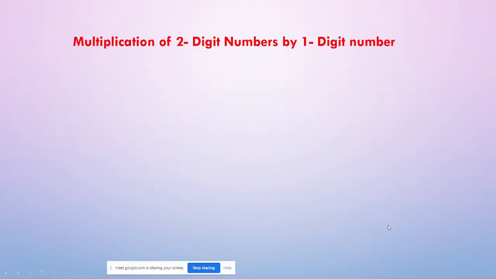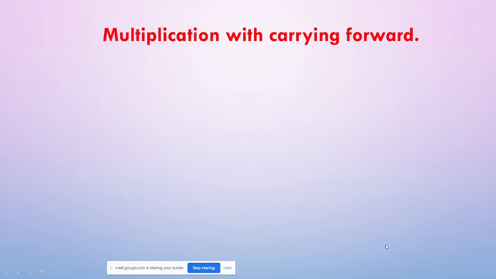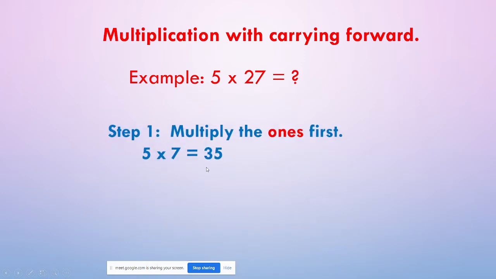All right. Next, let us go to multiplication with carrying forward. What do we mean by carrying forward? For example, we have 27 times 5. You have two-digit numbers. Where do we start?